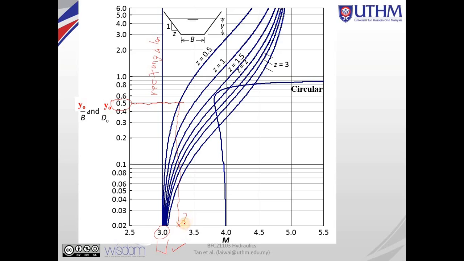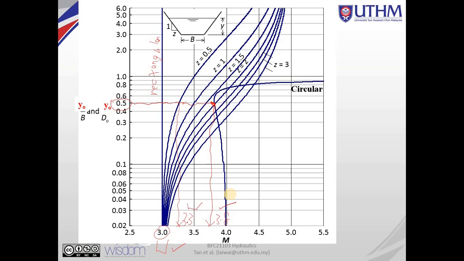So 3.3 is the m value for trapezoidal shape. And the last one, if we extend until it touches the circular line, we project the line until we can read its value on the x-axis. The value is approximately 3.8. So 3.8 is the m value for circular shape.